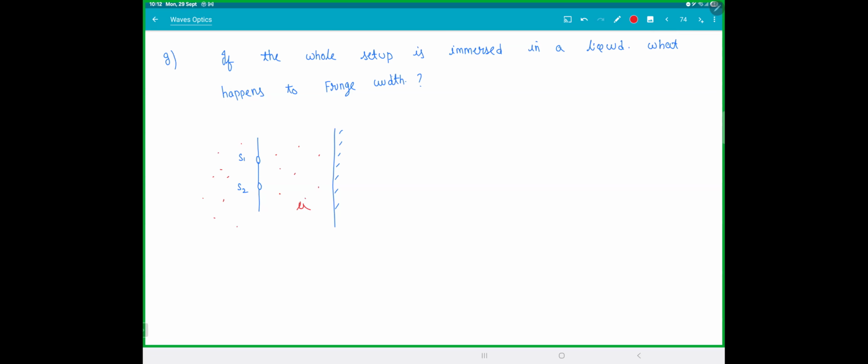Now you took the whole setup and just dipped it in the liquid. What will happen to the fringe width? Options will be: increase, decrease, remain same, depends on the refractive index, something like that.